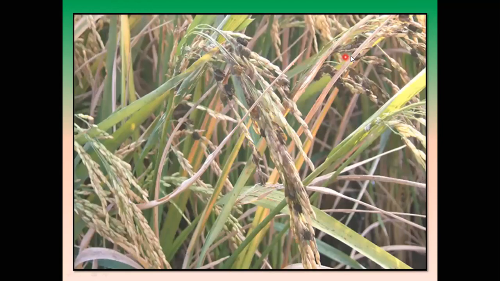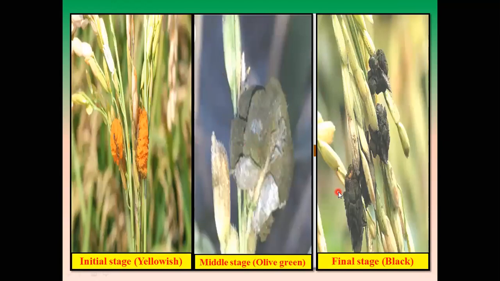So this is the infected rice plant in which the infected panicles or infected spikelets have some yellow-colored spore balls, or some blackish spore balls. So this type of infection is generally seen in rice plant. So this disease is known as the false smut disease.